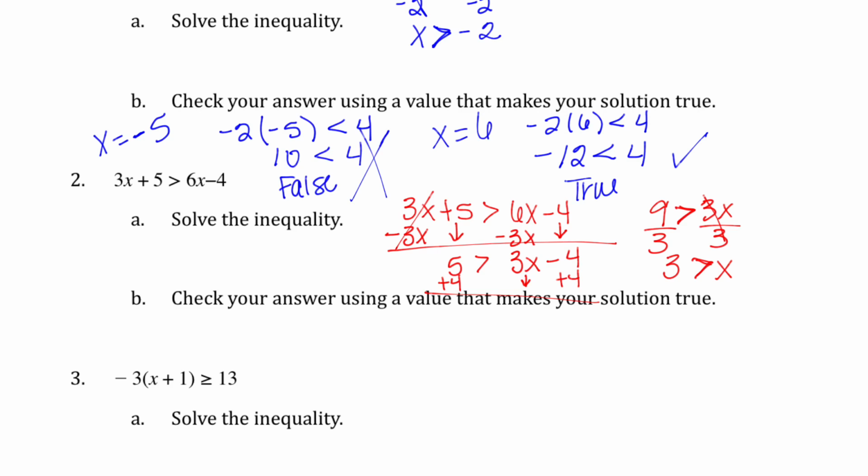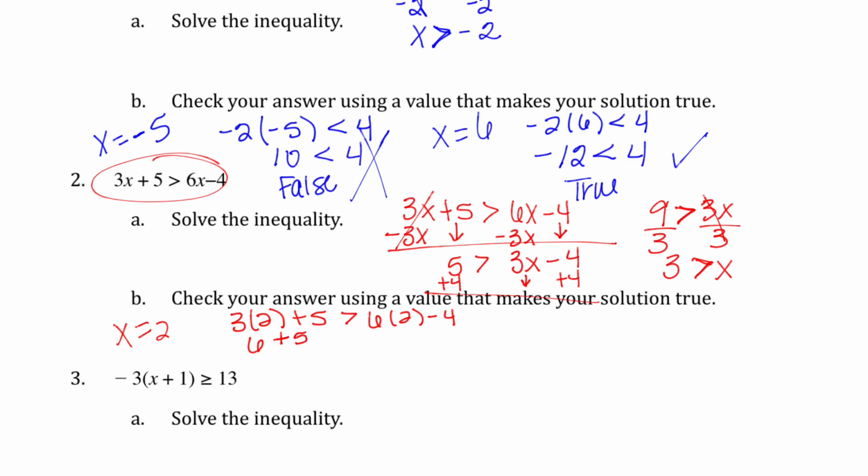So somebody pick a value for x. 2. So if we plug in a 2, we're going to plug it into the original equation from up here. So we're going to do 3 times 2 plus 5 is greater than 6 times 2 minus 4. What is 3 times 2? 6.